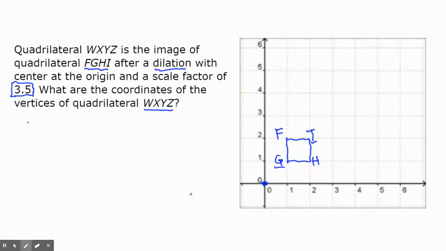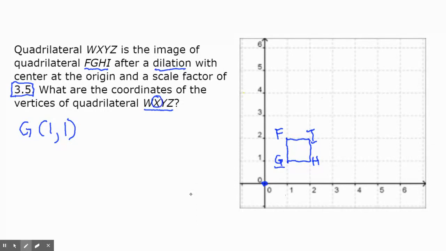So if I take point G, coordinates 1, 1. Point G is going to correspond with point X, okay?